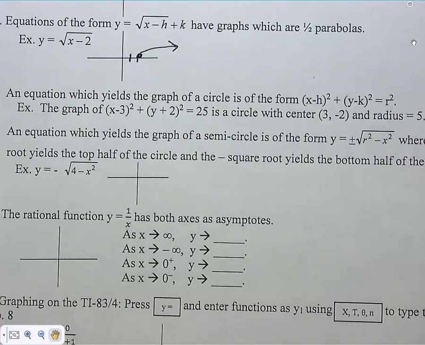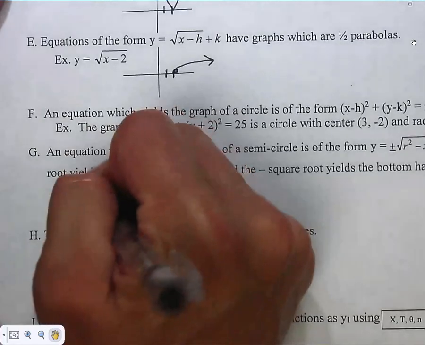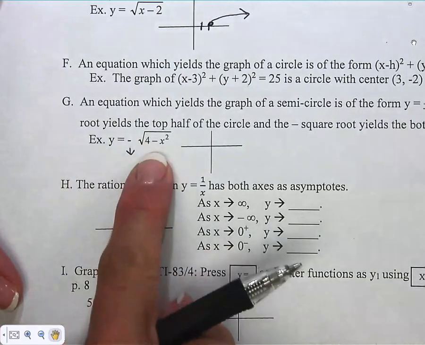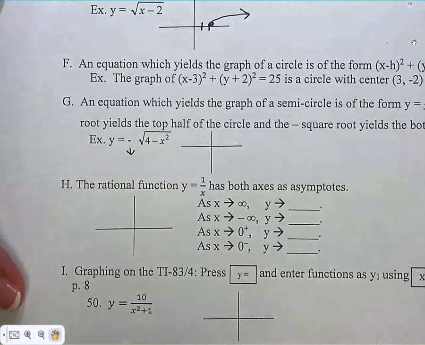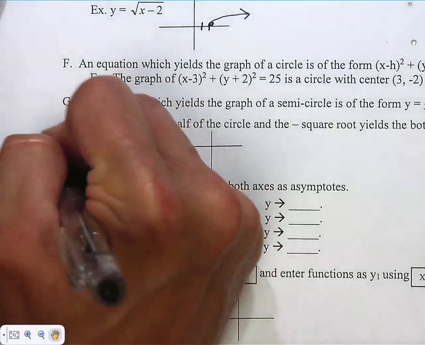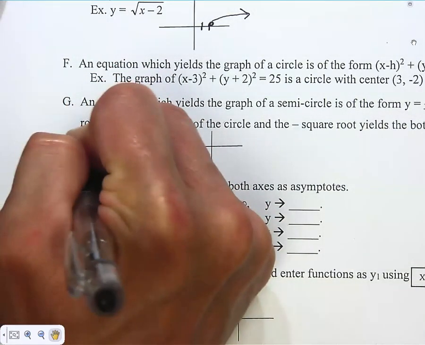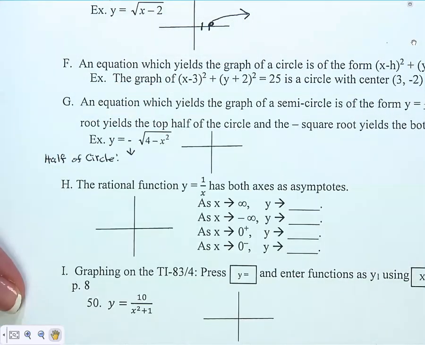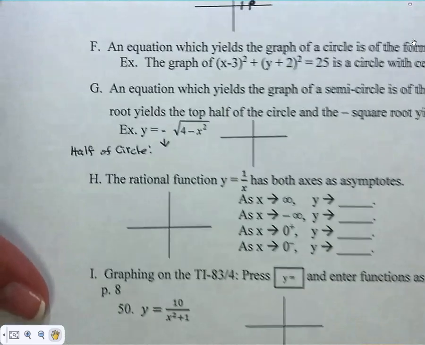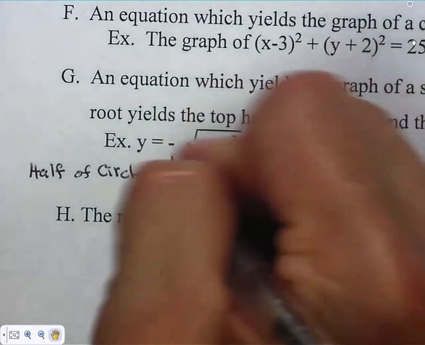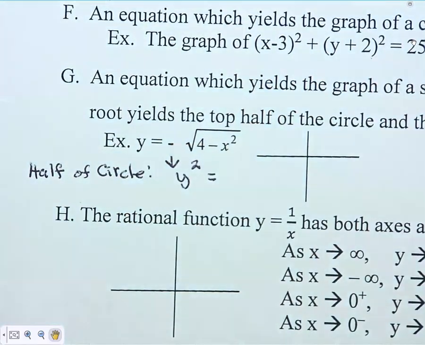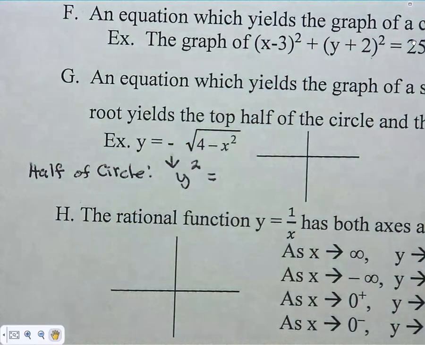All right, let me write something right here. If I take that equation in part G and I square both sides, I'd have y squared equals, what happens when you square that negative?